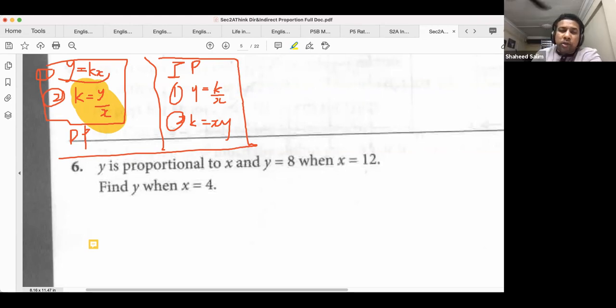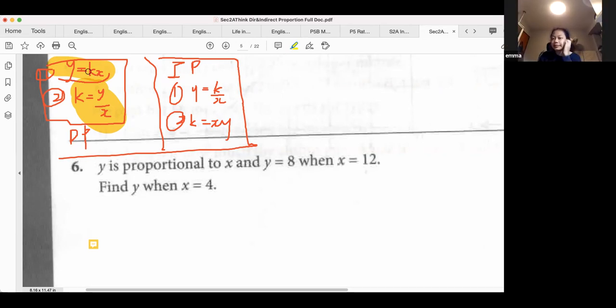So your equation is y equals 2/3 x, correct? Now use this value, substitute in, and find what's the value of y. 2/3, well done.